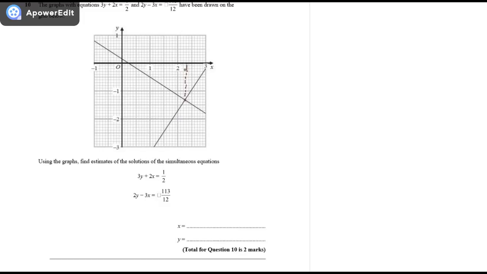You're gonna find this point, so this is going to be 2.2. So x is 2.2, and from here to the y-axis, with the help of a ruler, I don't have a ruler, so I'm going to use my pen. So this is going to be about, I think, negative 1.3. So you get 2 marks.